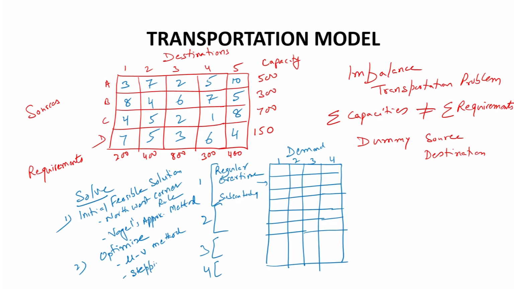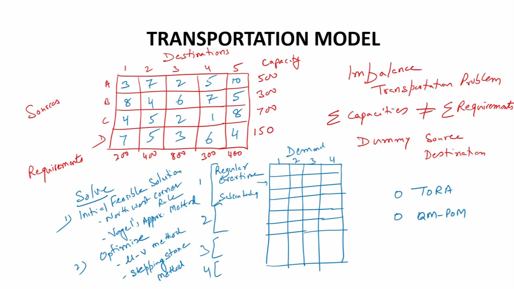Again I am saying that you refer to some operation research book to understand more about the transportation model. We are having free software also available that you can download, that is Tora. Tora software is available, or POM is another software which is available. You can freely download it, fill this data into that and solve the problem.